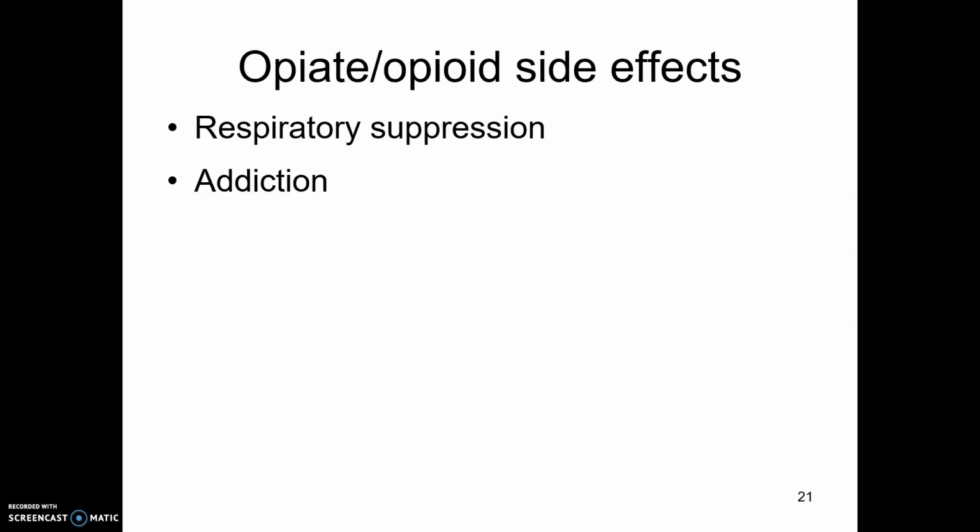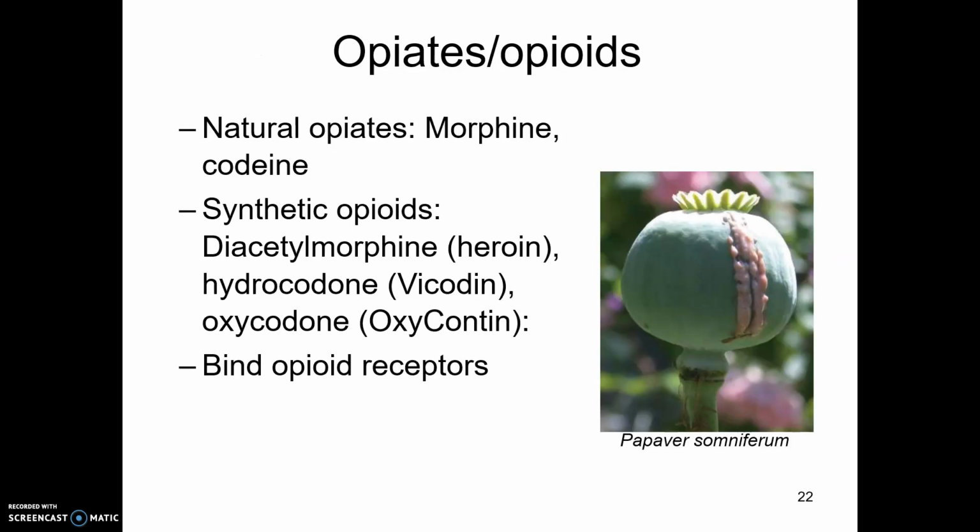So let's talk about some of these different side effects. Obviously, respiratory suppression is pretty dangerous. We want to be careful with that. Addiction is also another possibility. There are a few well-publicized drugs that directly affect opioid receptors. We have natural ones that occur in the opium poppy itself. That includes morphine and codeine.